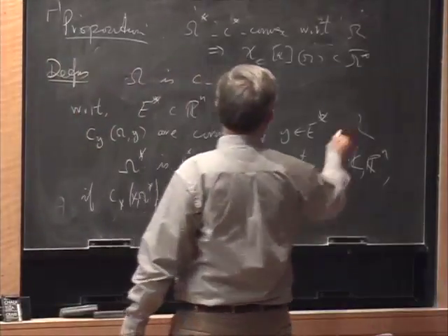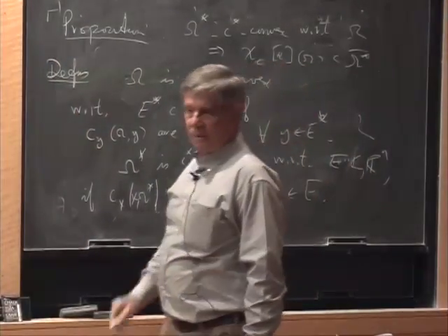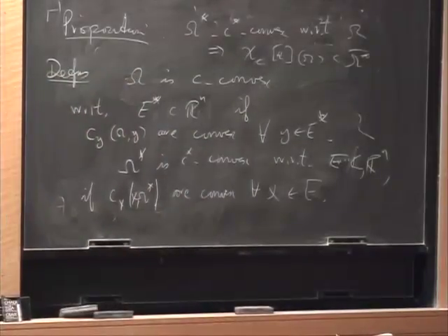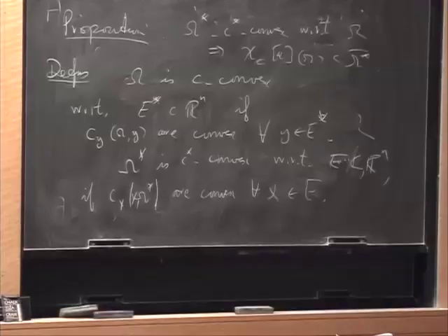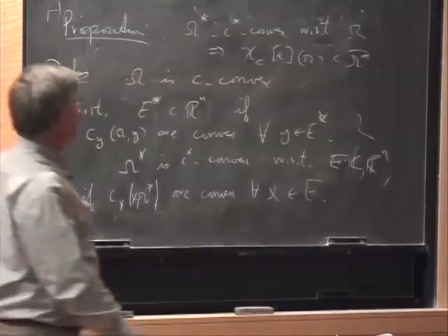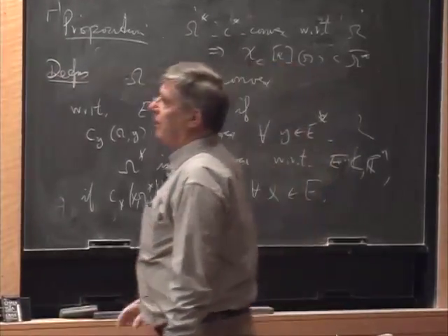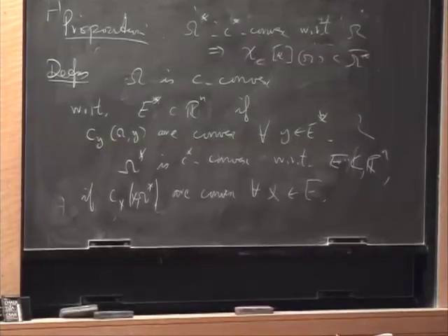But we can't avoid the omega star bar. That can't be avoided. So that's the key proposition in our work, and that's how the C convexity was discovered. It's not the most obvious way to think about it, but that's how it was found.